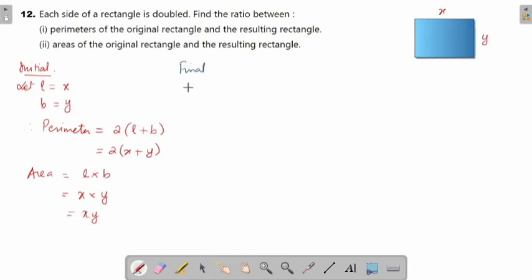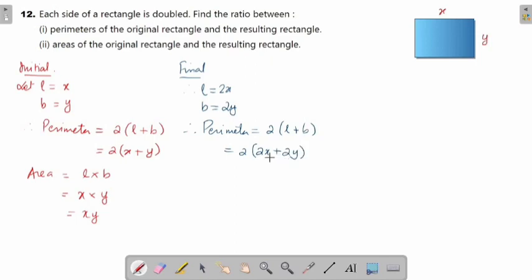In the final case, your length will be double, that is 2x, and your breadth is 2y. So your perimeter again has the formula 2 into L plus B. L is 2x, plus breadth is 2y.